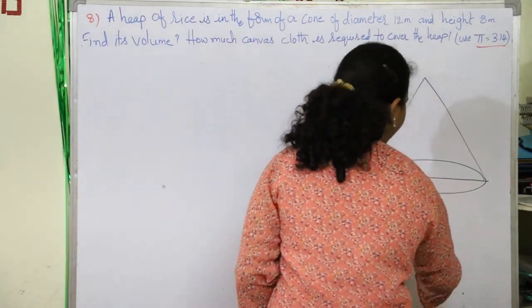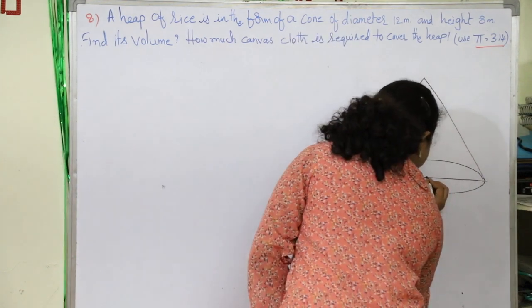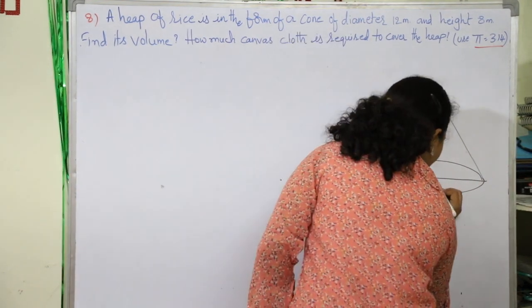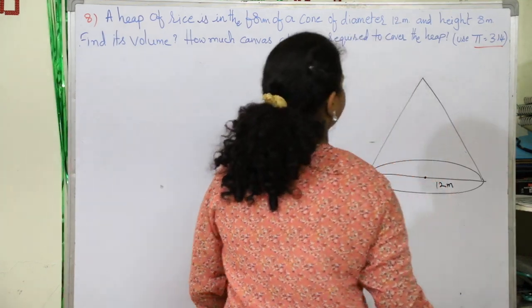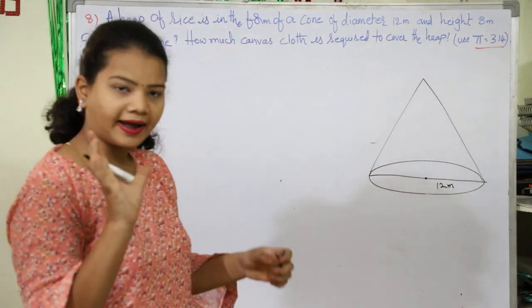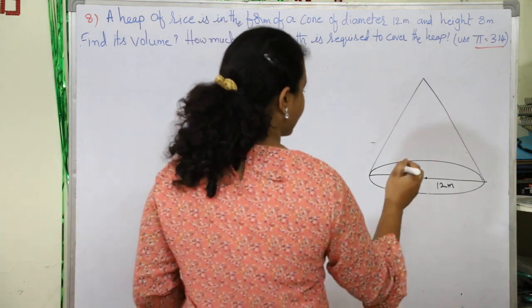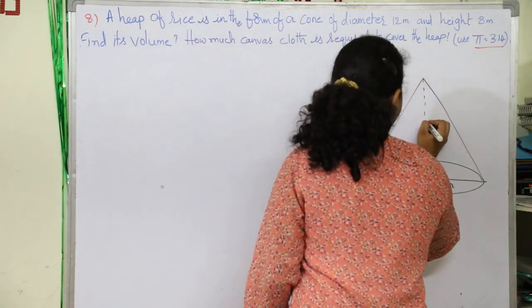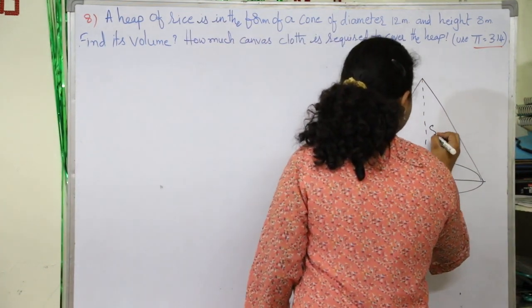So let this be the diameter. Okay, diameter of this cone is 12 meters and height of this cone, okay, height is 8 meters as they have given. Let me draw like height is 8.